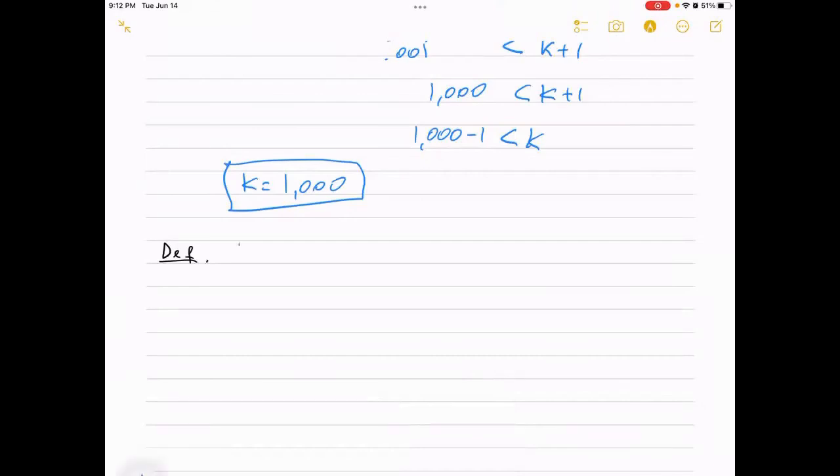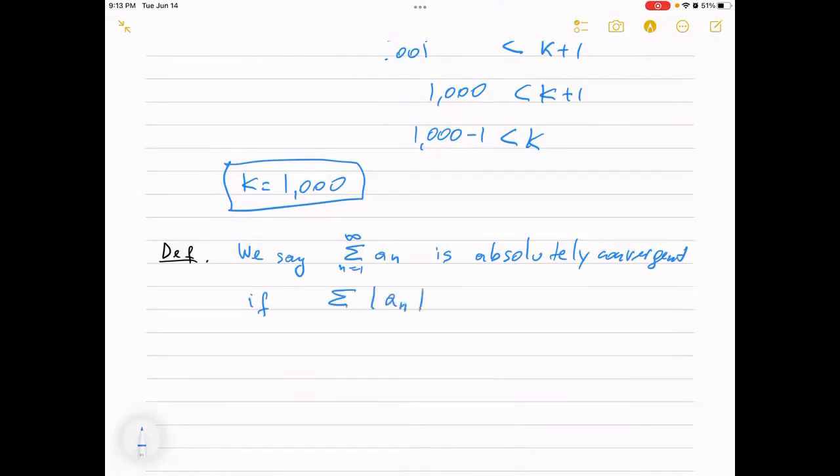Definition. We say that this infinite series is absolutely convergent if the series which consists of absolute values of a_n is convergent.